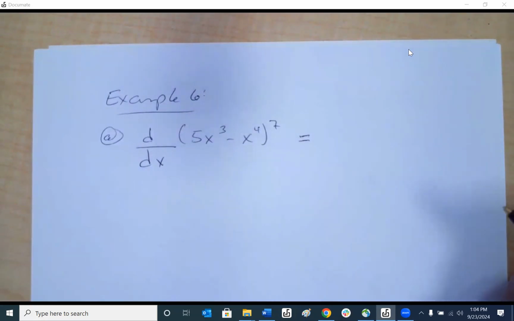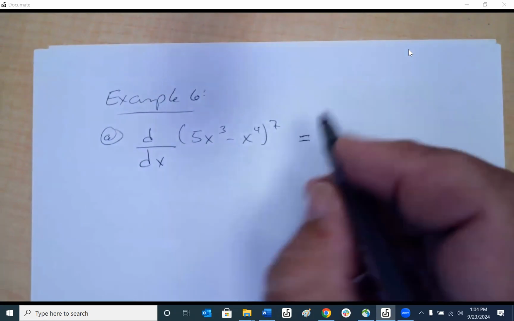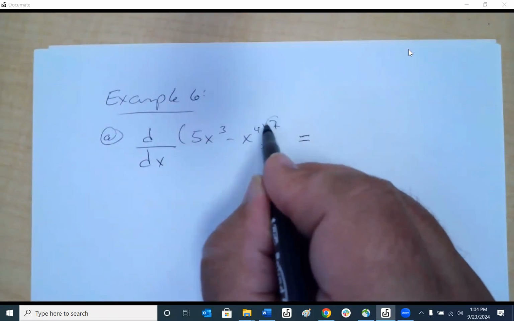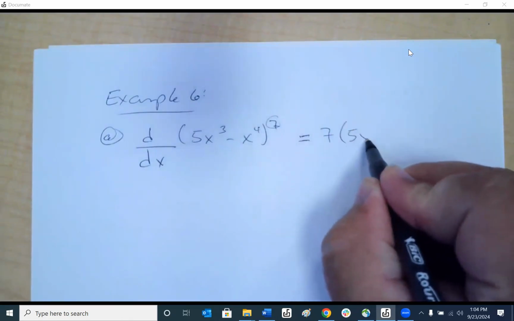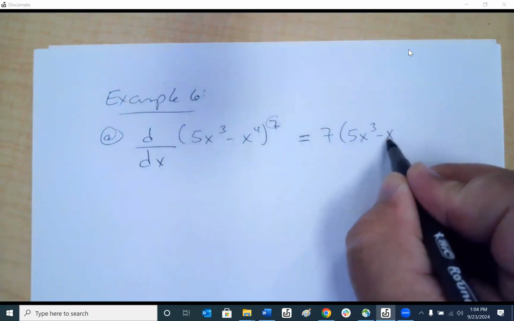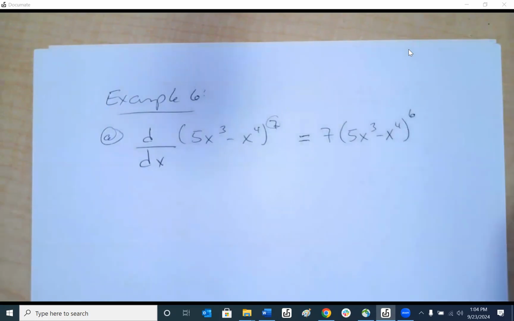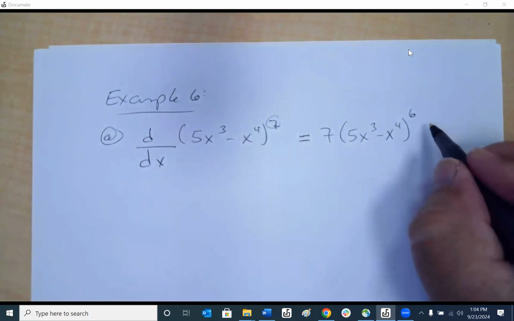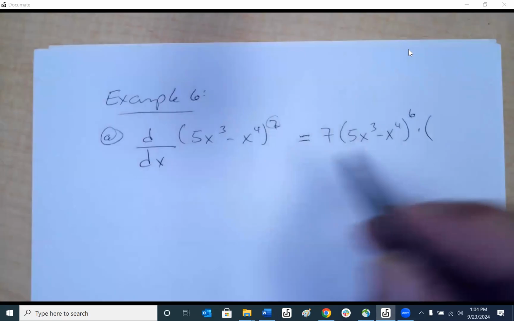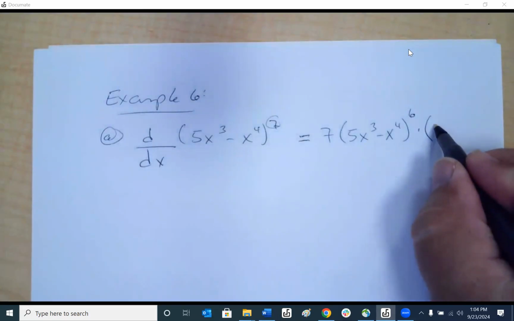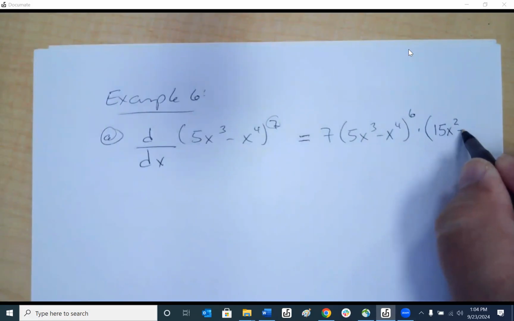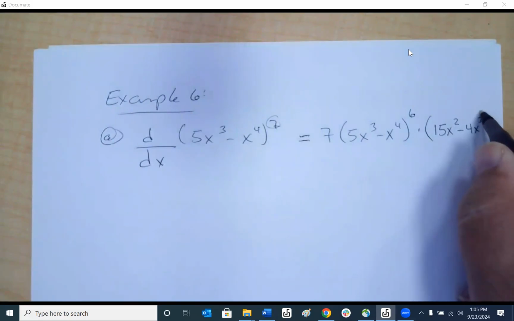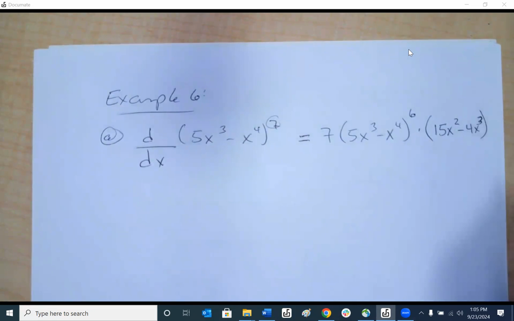What's my first step? Bring the 7 down. So it's 7 times (5x cubed minus x to the 4th) to the power 6. Now times the derivative of the inside, which is... very good.